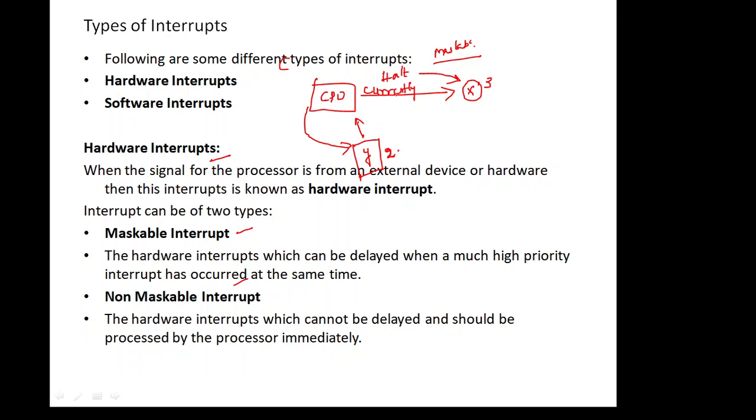So halting the current execution and giving the chance to the highest priority is known as a maskable interrupt. A non-maskable interrupt, in the sense, even though the priority is higher, will not stop the currently executing program unless it is completed. It is delayed, and we can't process this interrupt immediately. So these are the maskable and non-maskable interrupts.